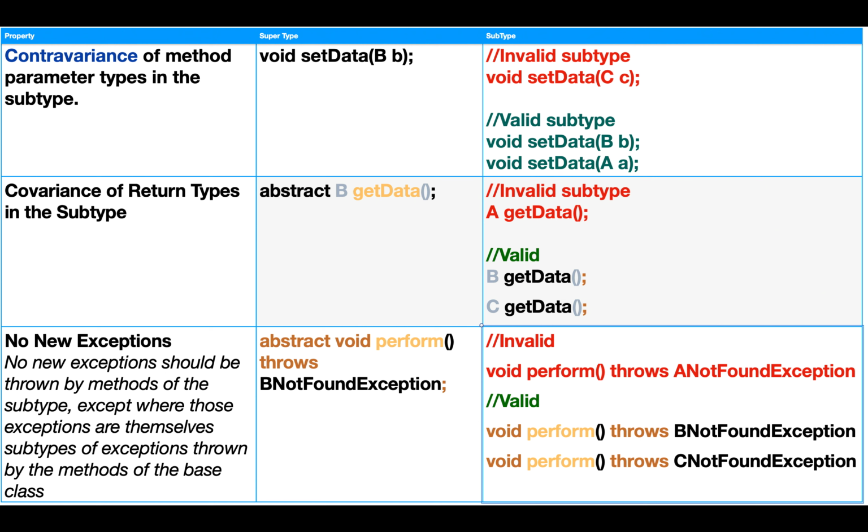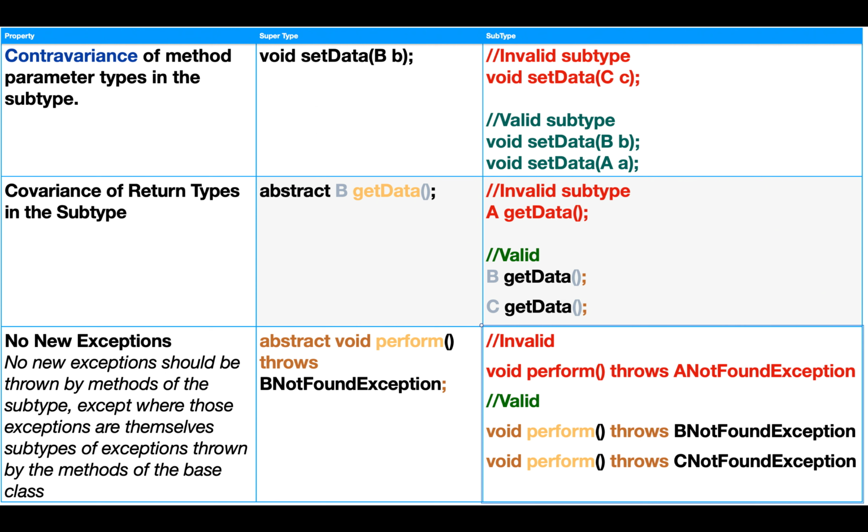Covariance means they can coexist, or we can say the parent class and child class can be replaceable. Covariant tells downwards from the base class to the derived or child class, then contravariance tells child to parent or base class.